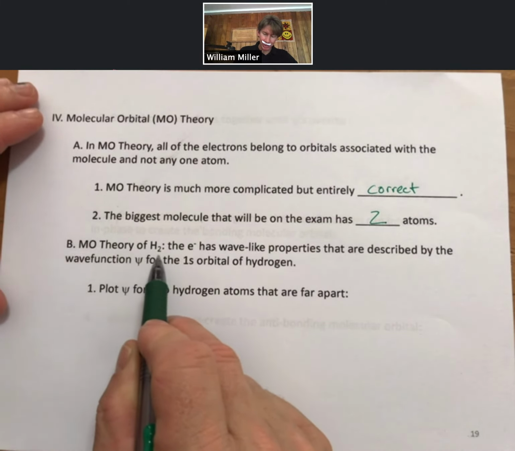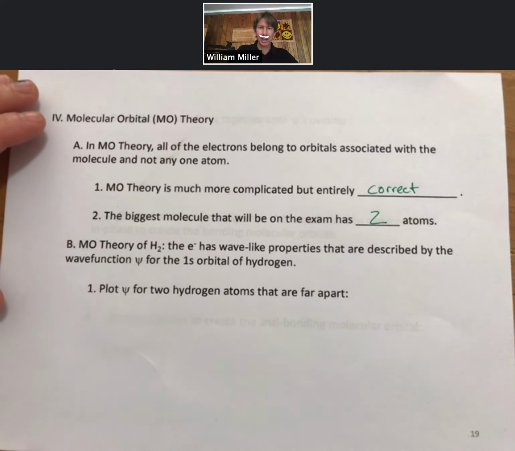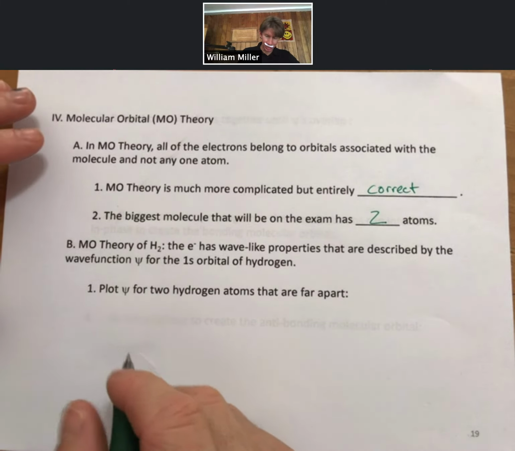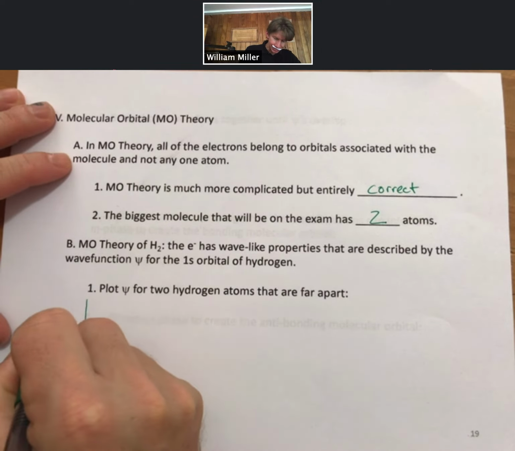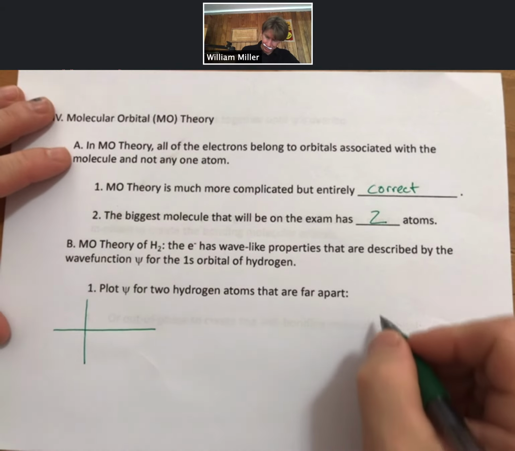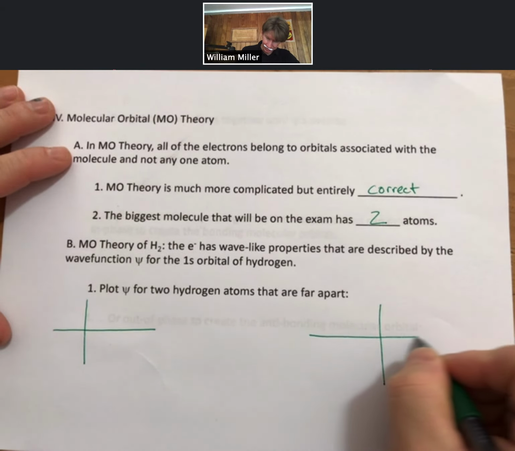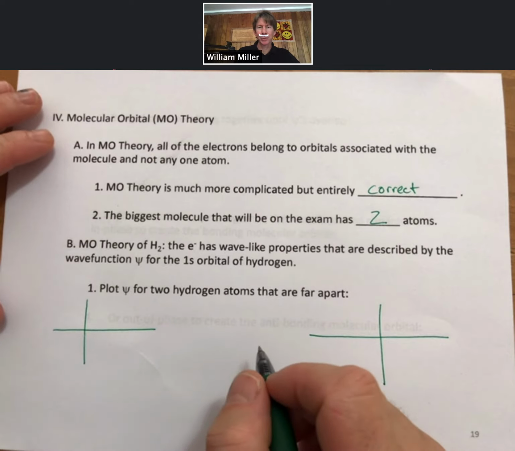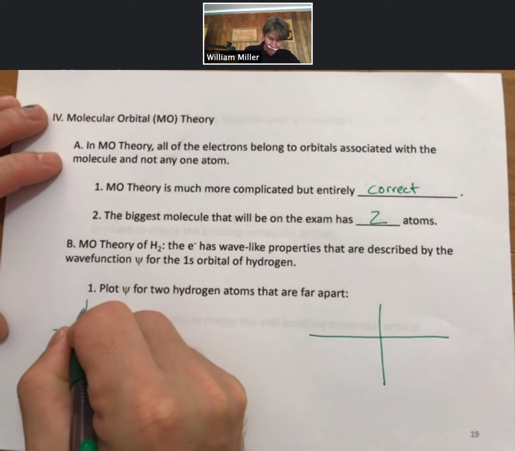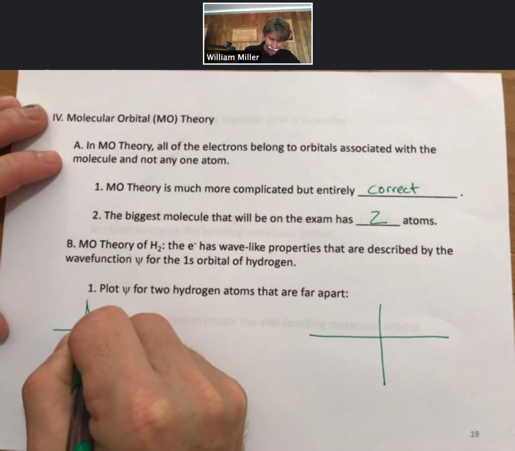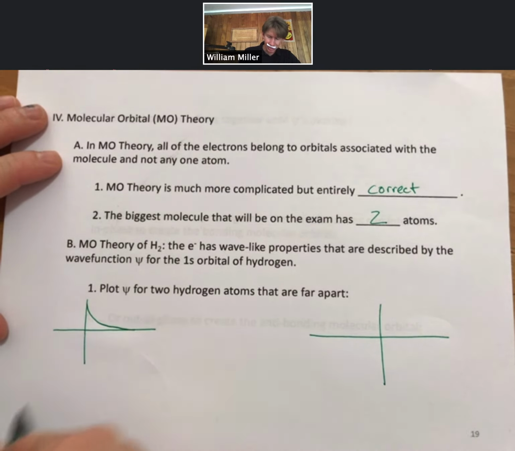MO theory of hydrogen: the electron has wave-like properties that are described by the wave function psi for the 1s orbital of hydrogen. Now, if we take 2 of these hydrogen atoms and draw their wave functions, and we've done this before for 1s for sure. 1s just looks like, if you go from the nucleus, a downward sloping function away from the nucleus.